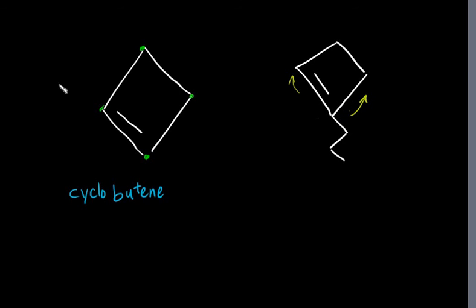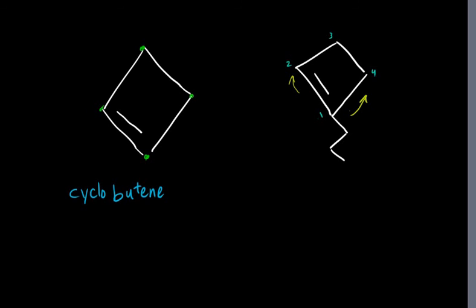So let's just see what we should know. If we number it in the clockwise direction, it will be like this. This is 1, 2, 3, 4. Alright, so my double bond here will be between 2 and 1, so we always take the lowest number, so it will be 1.